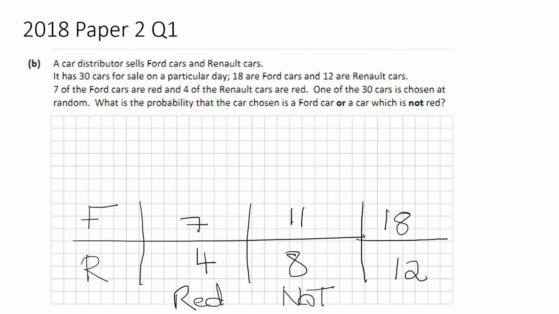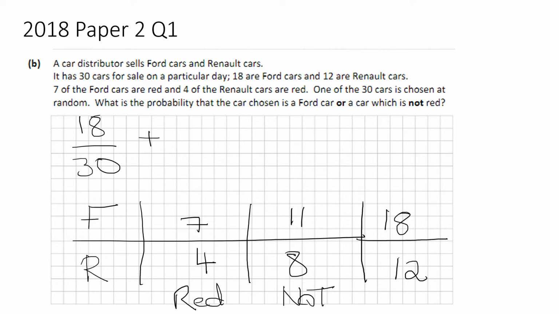So the second way of answering this question is by creating a two-way table, and you can see here that when you're answering this question, you have 18 Ford cars out of 30. All I did was, I knew 7 were red, that means 11 of them were not red out of the 18, and I knew that 4 were red in the Renault out of the 12, leaving me with 8 that are not.